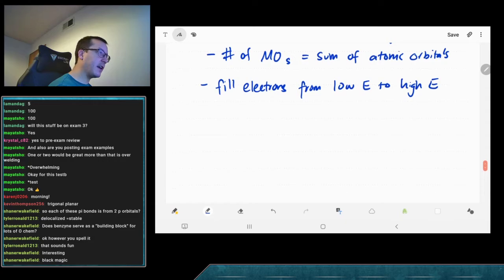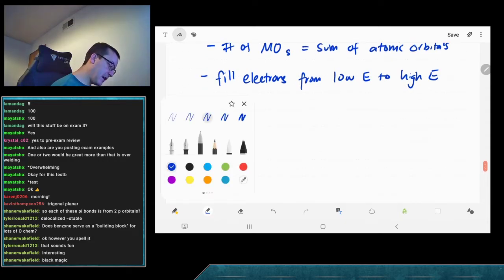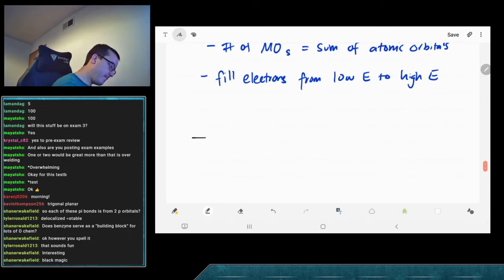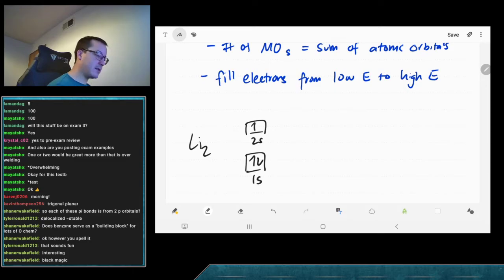Let's take a look at another example. Let's take a look at lithium. Let's see if lithium would exist like this. So lithium has 1s, 2s. We're just going to be working with homonuclear ones right now, the same nucleus together. Here's our other lithium.